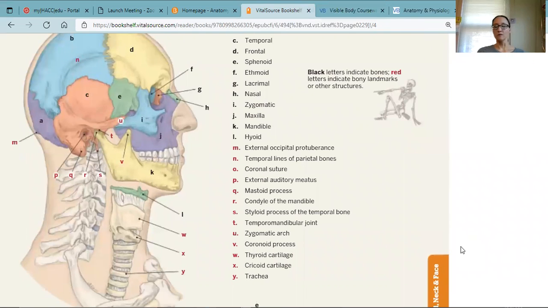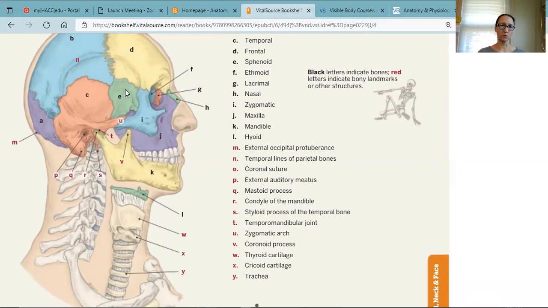Obviously this is pointing out all the landmarks that are here, which is kind of nice. You have to match up the letter though, obviously, because it would be very difficult to actually write the landmarks in. So here's the temporal bone, letter C. Letter E, of course, is the sphenoid again. Remember, we said it goes all the way through right here, and you can pick it out on the side here. And then, of course, it's all in through here.